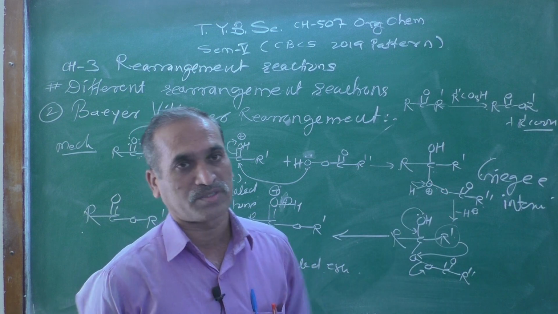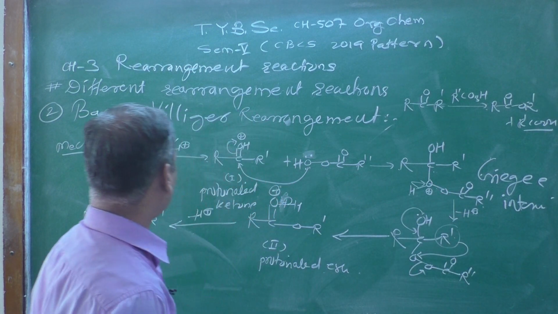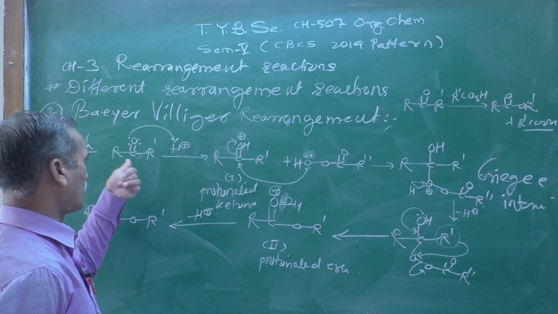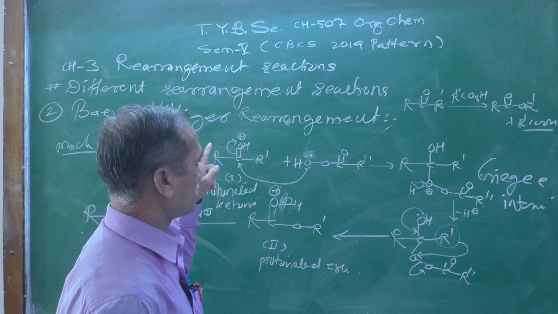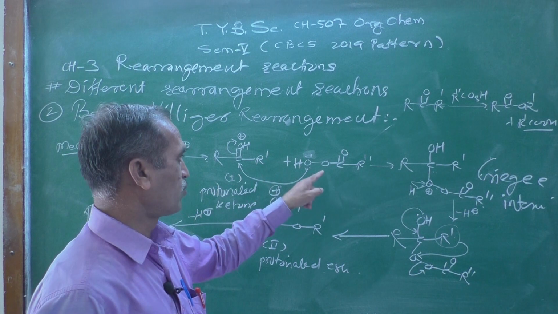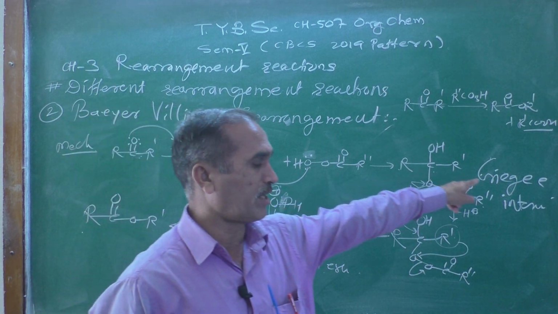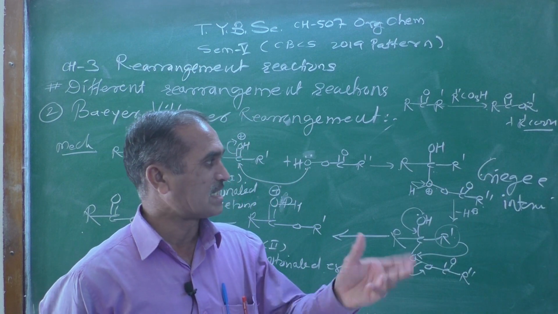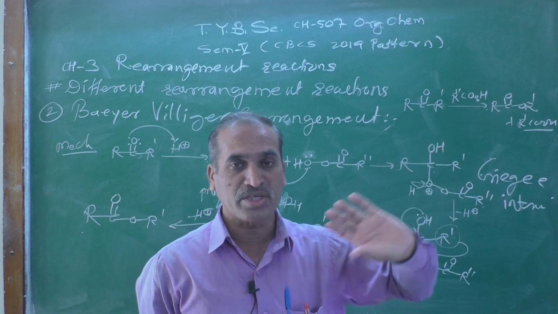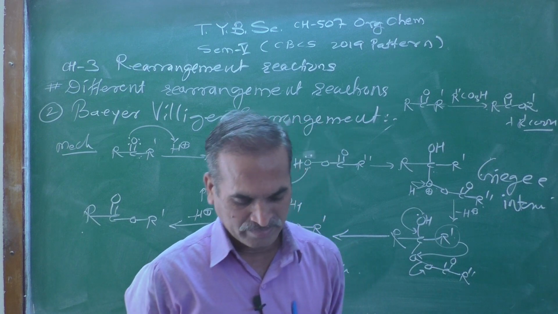This has a tetrahedral structure at that carbon, because the carbonyl carbon has sp2 hybridization. When it gets protonated, it is still sp2. When the nucleophile attacks, we get the intermediate known as the Criegee intermediate, which has a tetrahedral geometry.